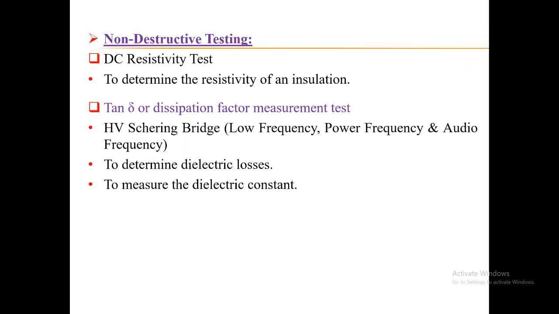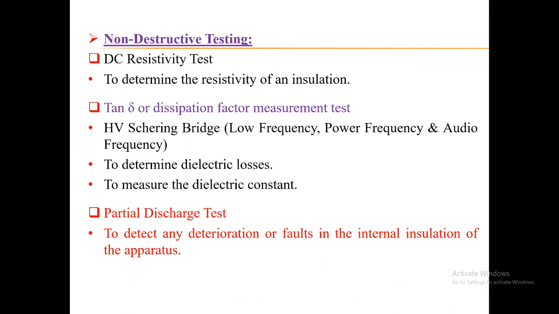That test is normally performed to determine the dielectric loss, dielectric constant and the loss tangent, that is the tan delta. The partial discharge test is performed to detect any deterioration or faults present in the internal structure of the insulation of the equipment.